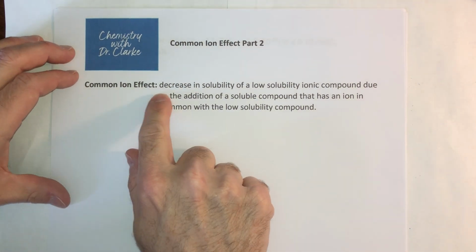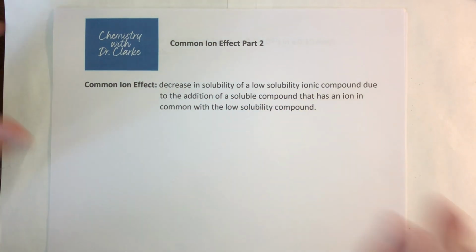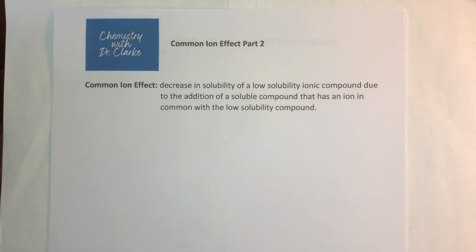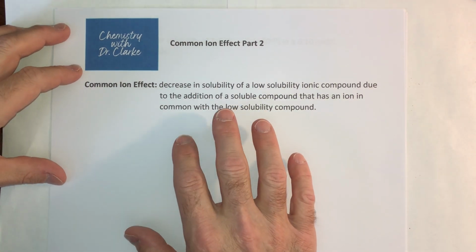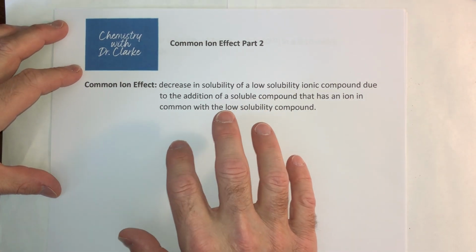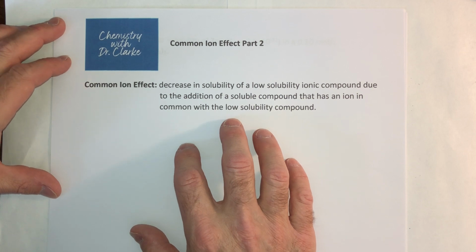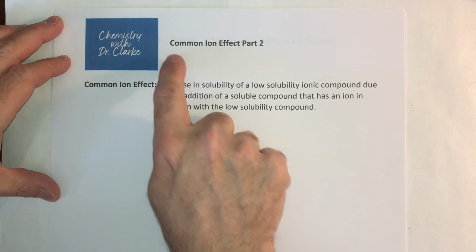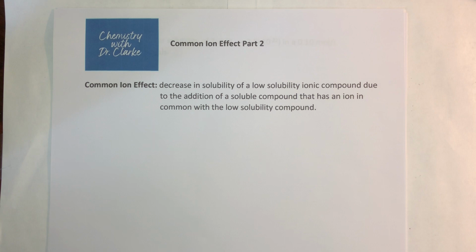There is a decrease in the solubility of the original ionic compound. In these problems, we want to calculate exactly how much of that original low-solubility compound we can dissolve if there's a common ion floating around. That's the problem we'd like to be able to address.